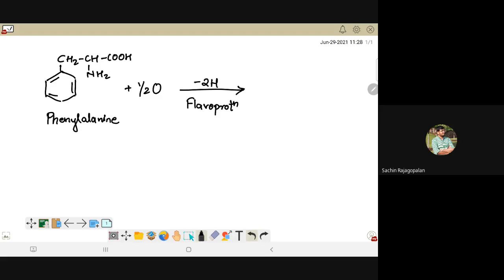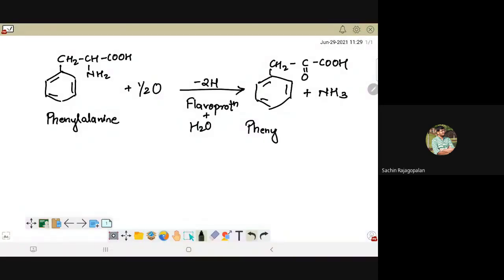So you get the hydrogen removed, and a water molecule is also involved. What you get as your product is something like this: CH2, C double bond O, COOH, plus ammonia. So this is nothing but phenylpyruvate, which is phenylpyruvic acid, and ammonia. This is my reaction of what happens when there is phenylalanine deaminase.